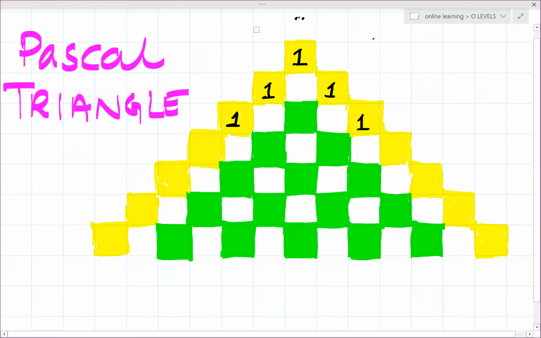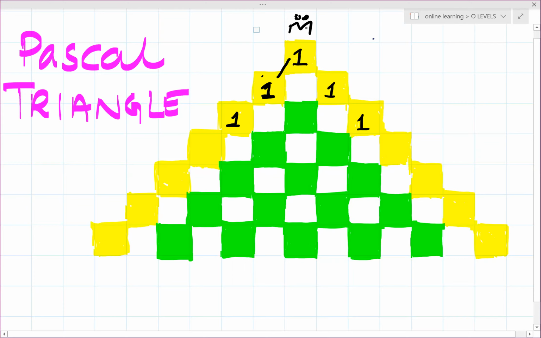For example, if Mr. M wants to reach this block, there is only one combination, one way that he can go.